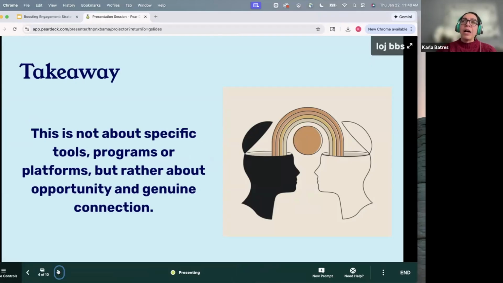Rather, it's about having you think about where you have the opportunity to create genuine connection and to think more creatively about how that can happen, right? So again, I'm happy to talk through tools with anyone if you have a question in the future, but this is not really about the specific tools, rather just the experience that I'm trying to give the students.